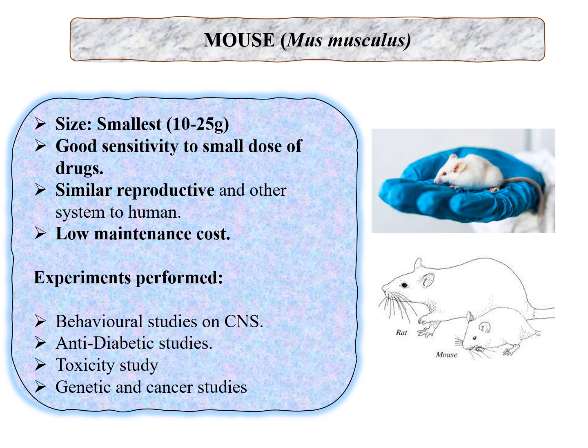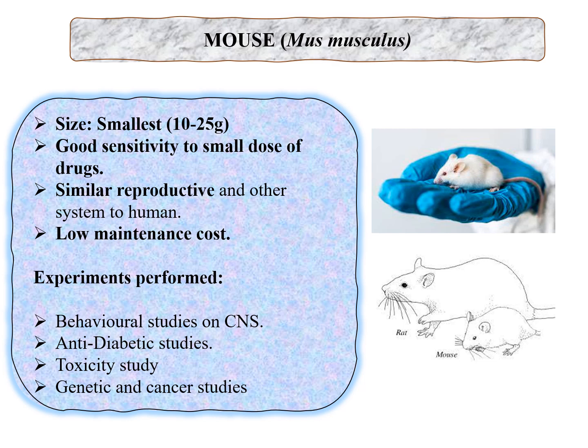Low maintenance costs as they require less food, less water, less drug to induce any type of disease, and they also require a small space for their living. In one cage, around 10 to 15 mice can be placed, whereas in a single cage only 4 to 5 rats can be kept.